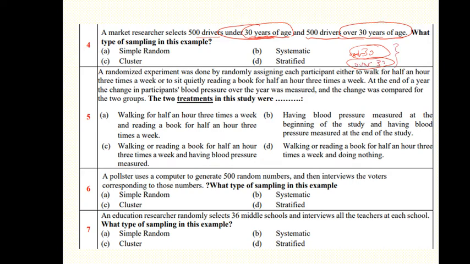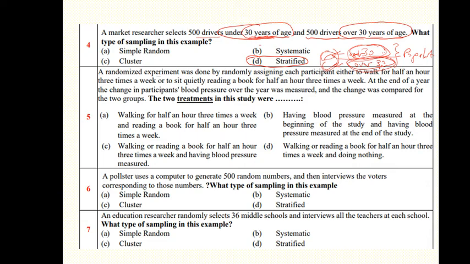So it makes the population into what? Two strata, according to age, right? So you're taking the samples from these subgroups of the population. These are making strata. These groups are formed by age. So this is stratified. If it was cluster, it would be about the locations, you know.